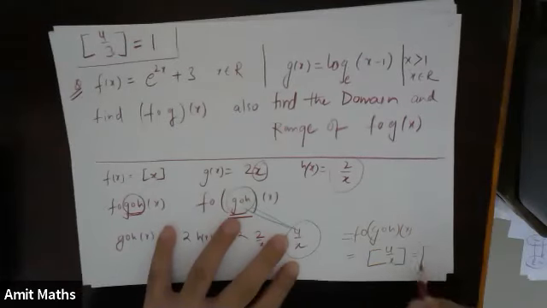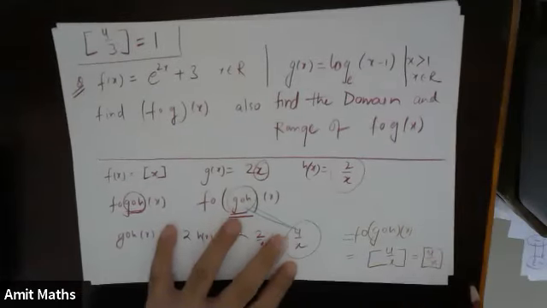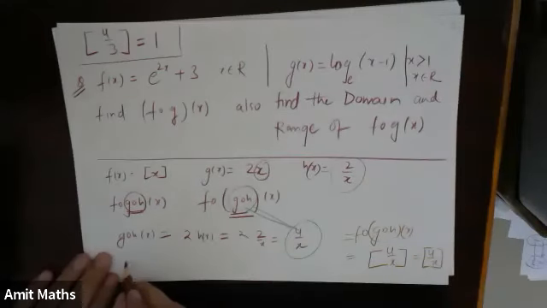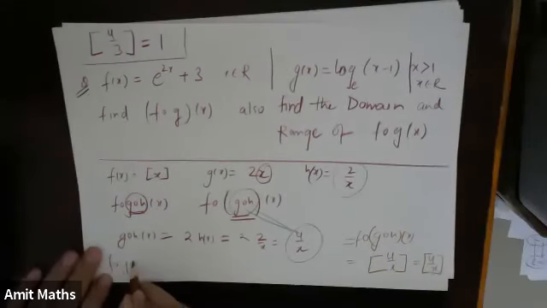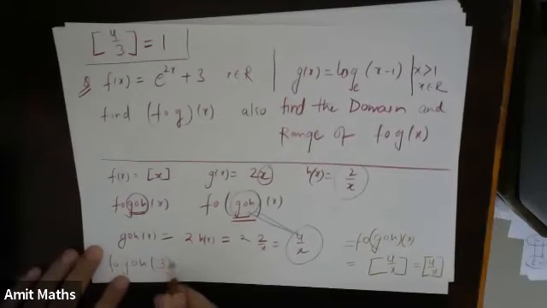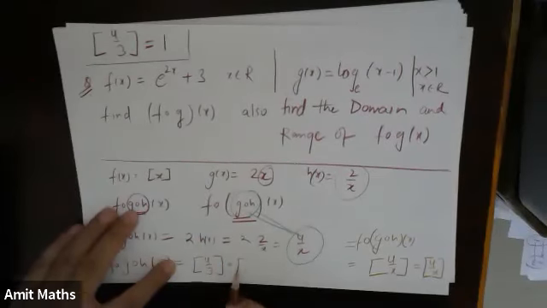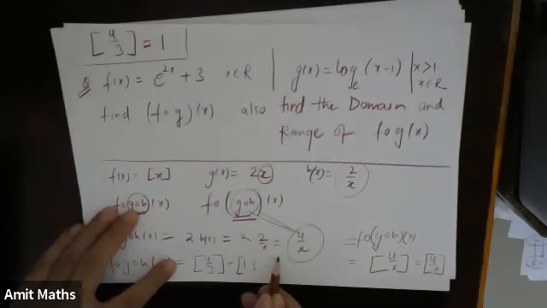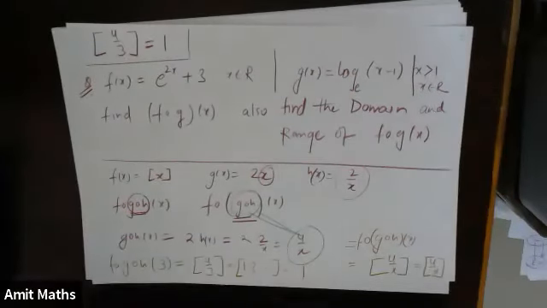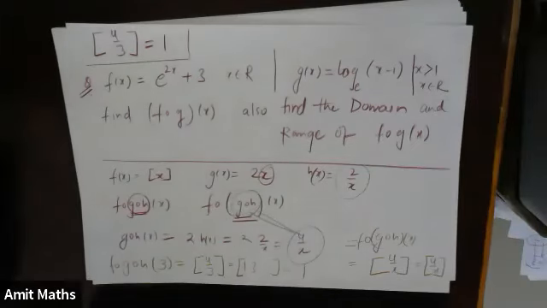Okay, and at x equal to 3, fogoh of 3 is equal to greatest integer of 4 by 3, which is nothing but greatest integer of 1.333. Okay, this part is fine. The remaining we will do in the next class, and we'll solve some more complex questions based on the composite functions. Okay.